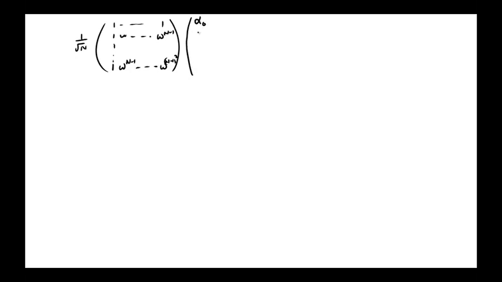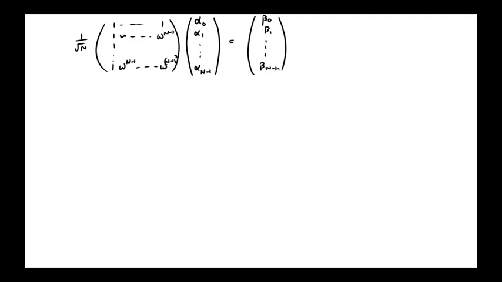So let's say that this was our quantum Fourier transform matrix, 1, omega, omega to the n minus 1, 1, omega to the n minus 1. Okay, and let's say we applied it to this state, and we got as output, right?